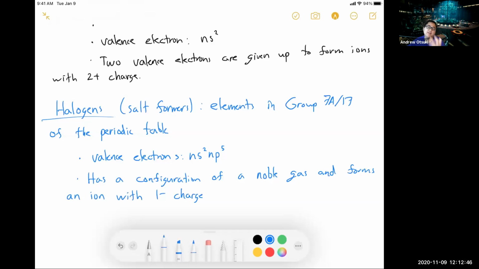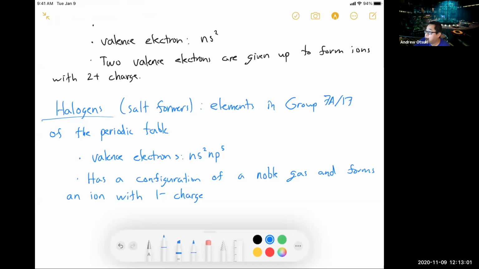So, hopefully that was okay: halogens, salt formers, alkaline earth metals.